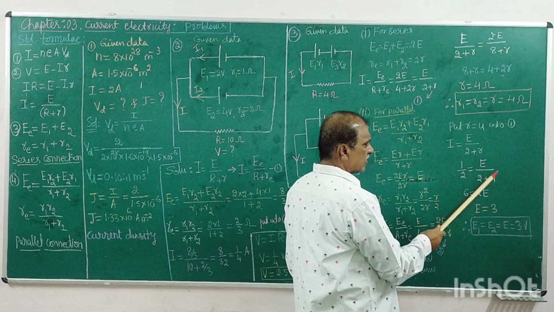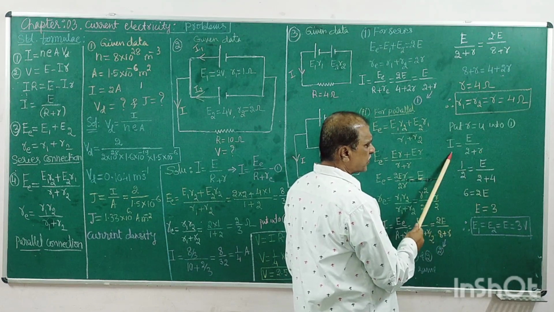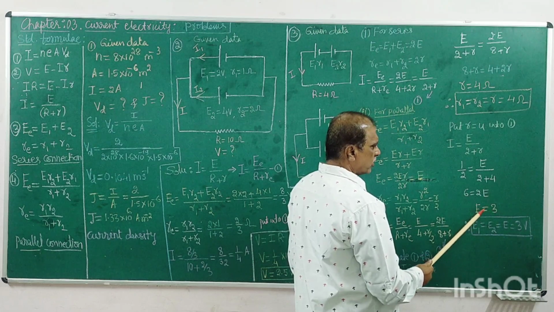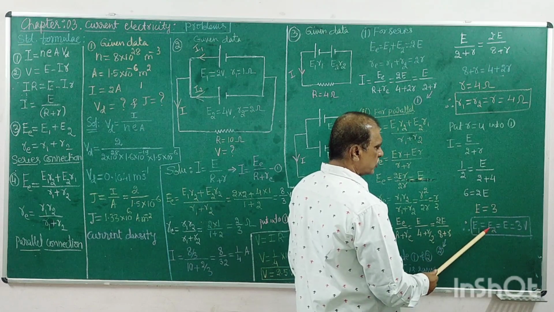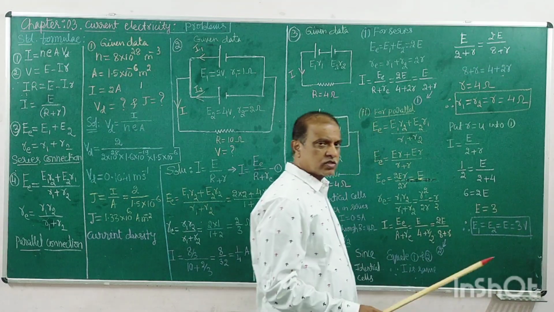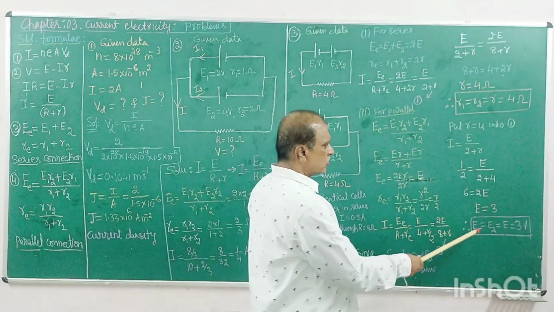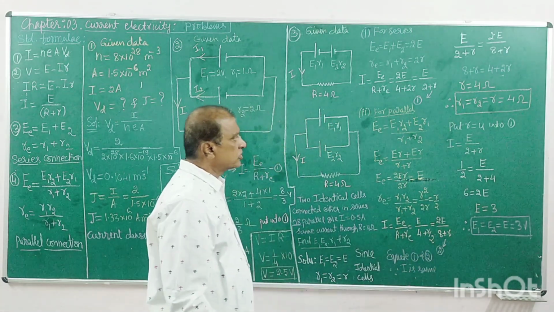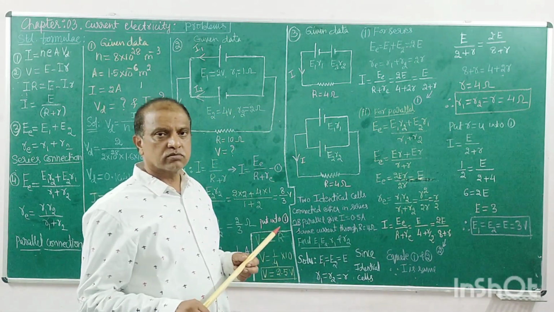The r value is already calculated. If you cross multiply, you simply get E equals 3. E equals 3 means E1 equals E2 equals E equals 3 volt, and the internal resistance of both cells is the same. That is what they asked. This is how the problem is solved.